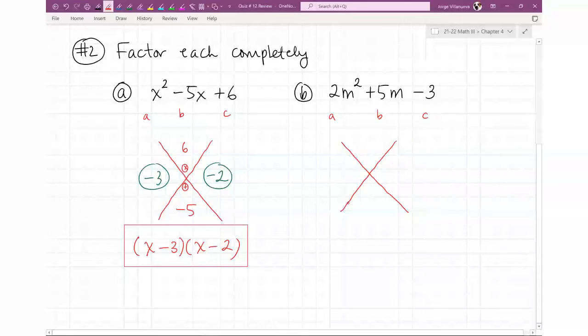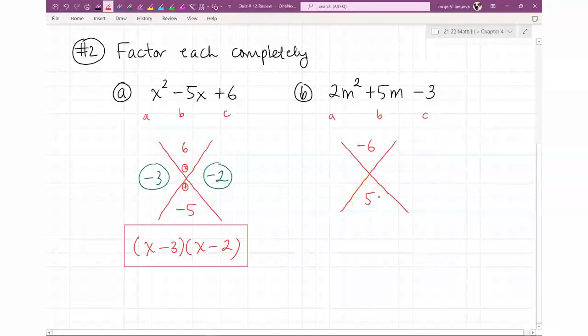What do I put on top? A negative 6, right? And the reason why we get a negative 6 is because we multiply A times C. A times C is a negative 6. So thank you for that. What do I put on the bottom? A 5, right? Your B value goes on the bottom.